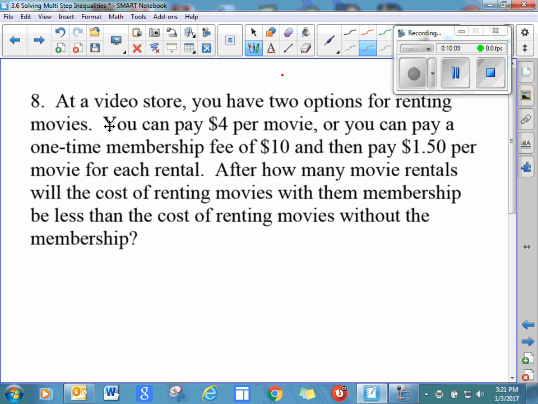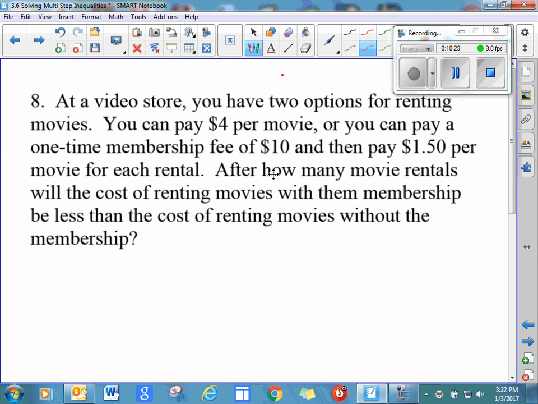So this is a comparison of a couple different options that you've got for renting movies. At a video store, you can just flat out pay $4 per movie that you rent. Or you can join their little club for a one-time membership fee of $10, and then you only pay $1.50 per movie for each rental.